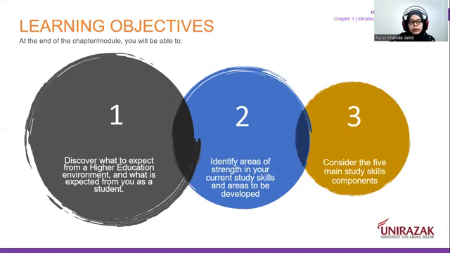Number 1 is what to expect from a lecturer, and what we expect a student to be. Number 2, to identify areas of strength in your current study skills and areas to be developed. We will discover what your main power is and what your weakness is.